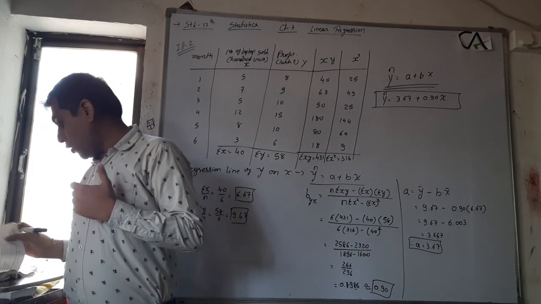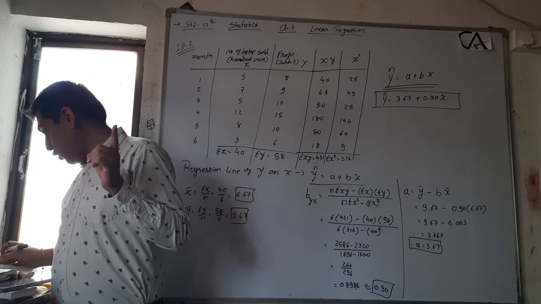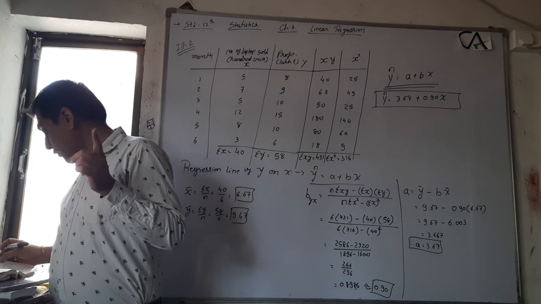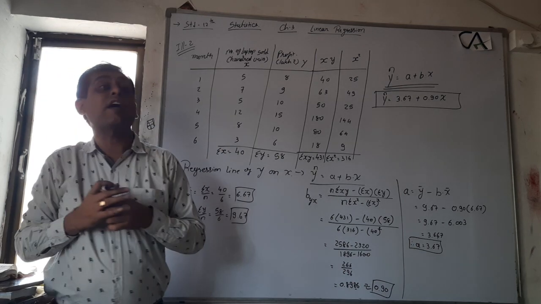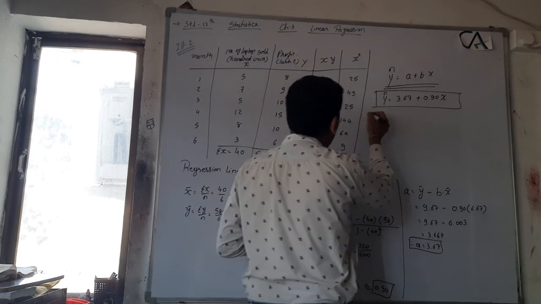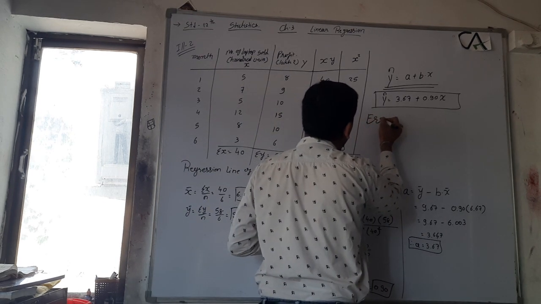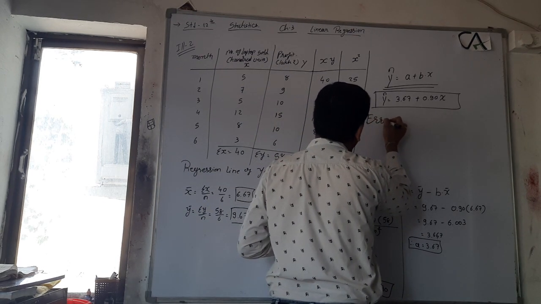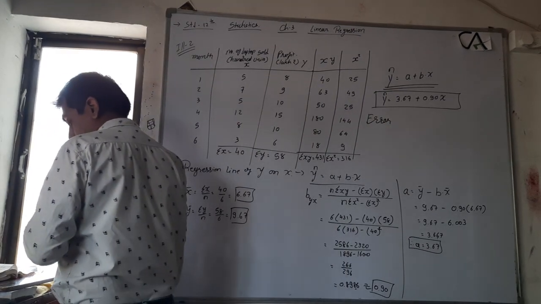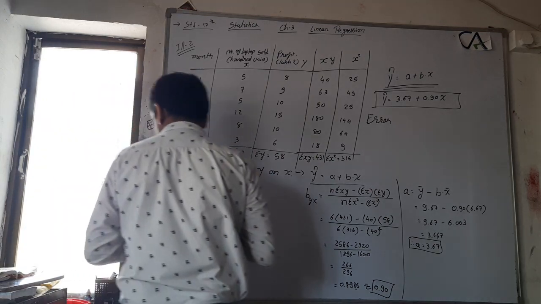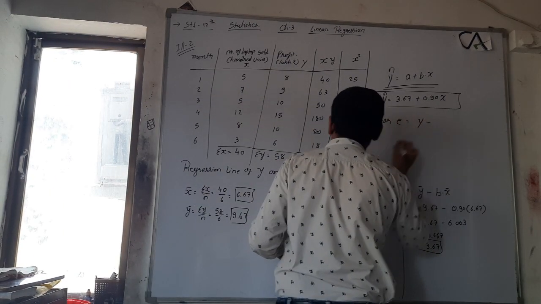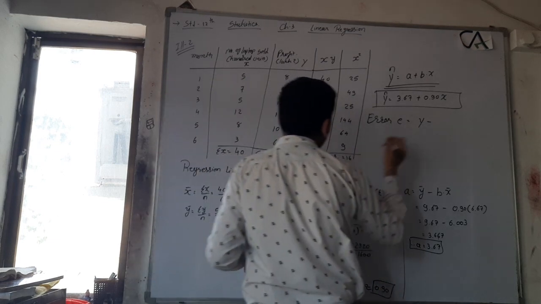Now the second question is also find the error in estimating y for x is equal to 7. Now this is the new question. Error. Error E is equal to y minus y cap.